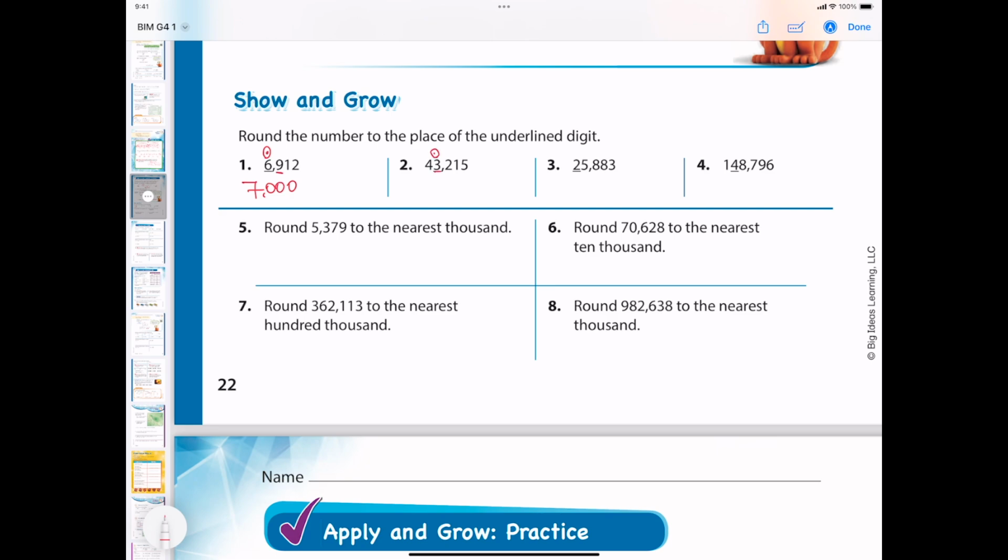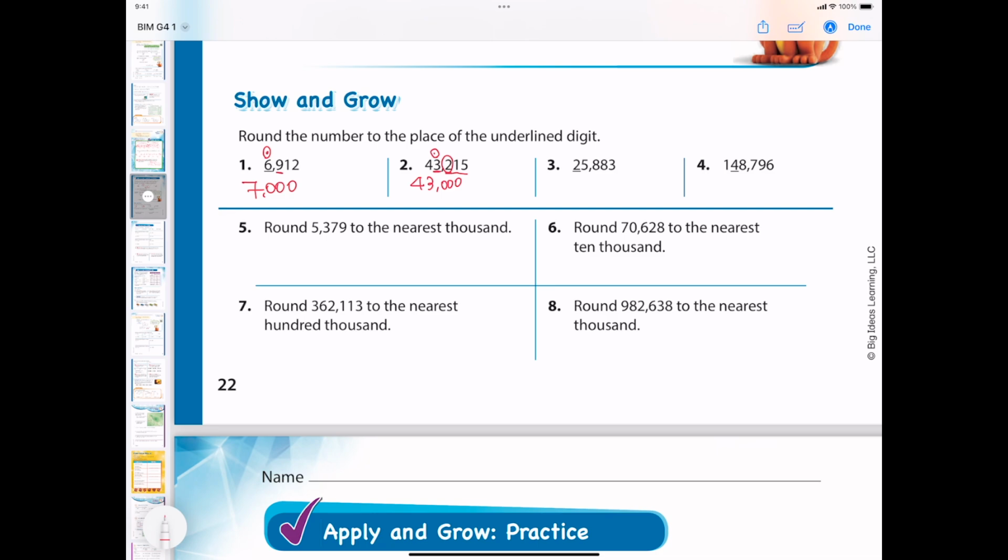Okay, 43,200. This is the target number, and the matter number is 2, which is round down. So we are going to round this number to 43,000. We are not going to write everything, but we are going to say this 43,215 is close to 43,000, not 44,000. Make sense? All right.